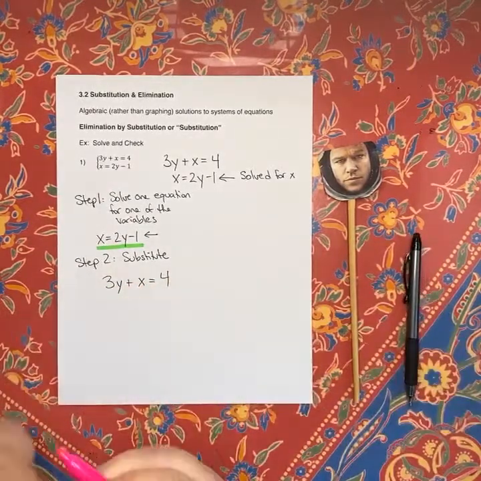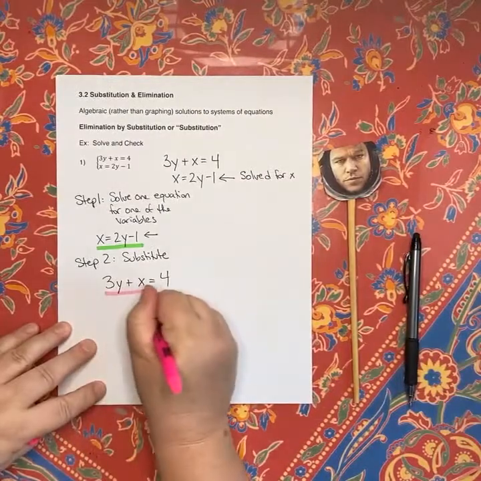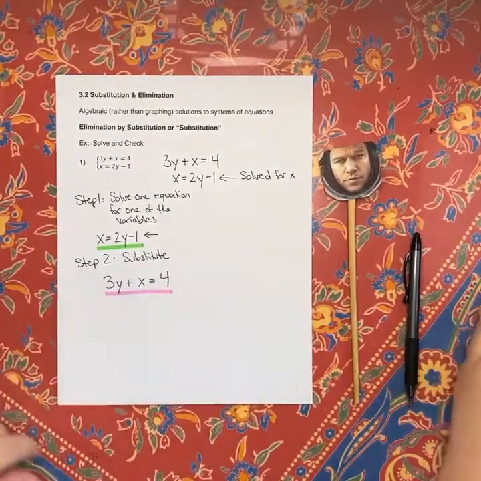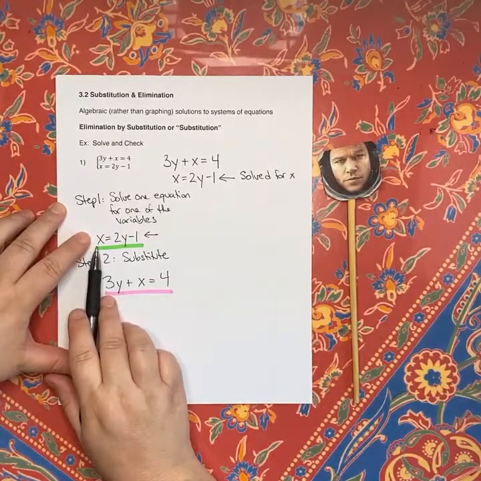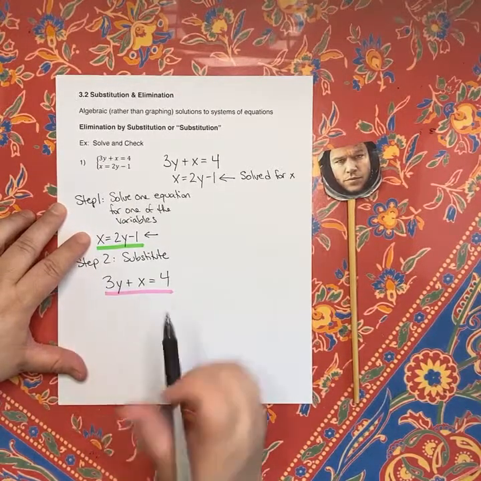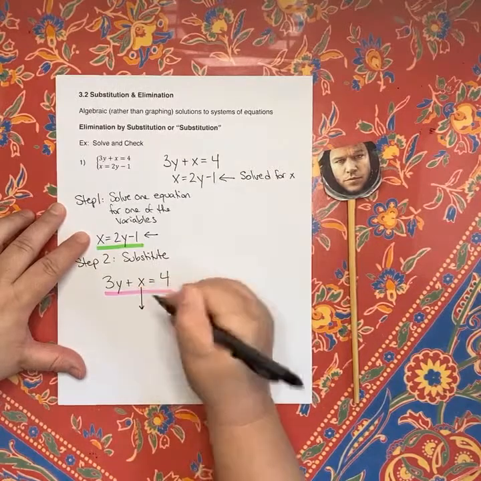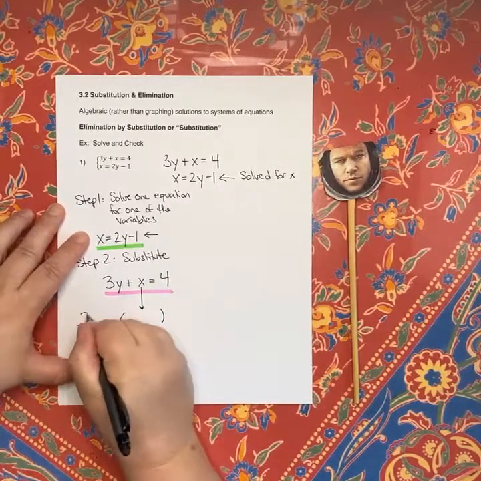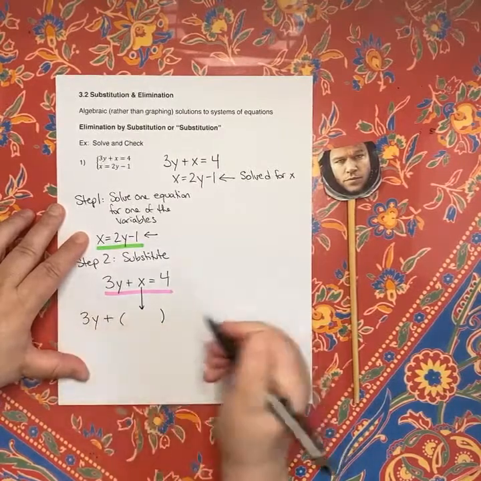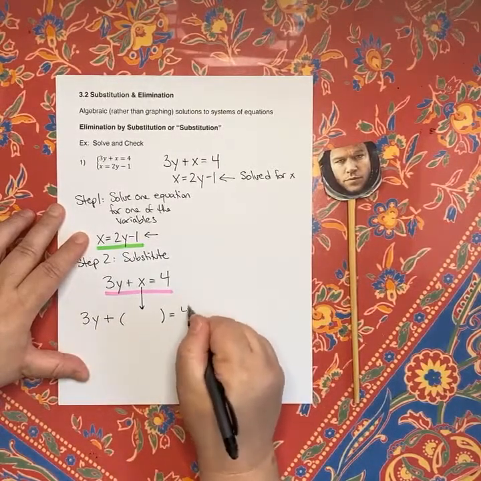This is my pink equation. And since I have x equals right there, see how I have x equals right there? Where the x is, I'm going to put a big set of parentheses. So I've got 3y plus something equals 4.